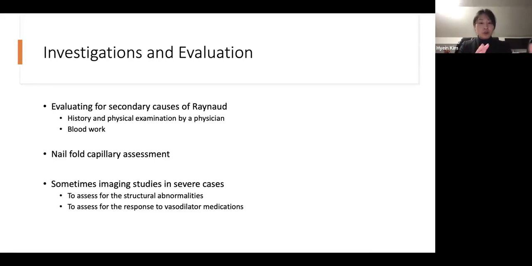We ask a whole bunch of questions pertaining to connective tissue disease, but also screen for infections, medications, your smoking history or drug use, family history, all of those things. Then the physical examination is to look for any signs of any of these diseases or any secondary causes that we have laid out.